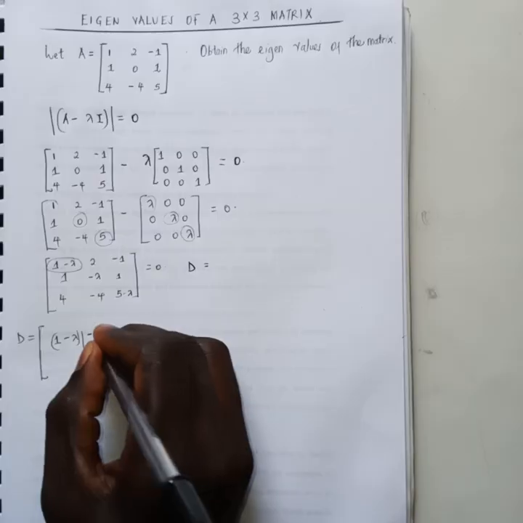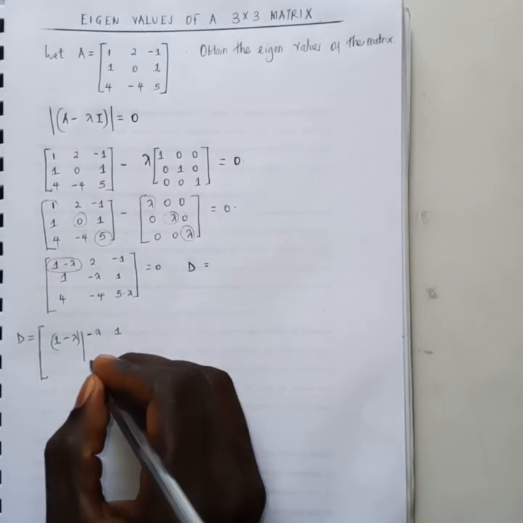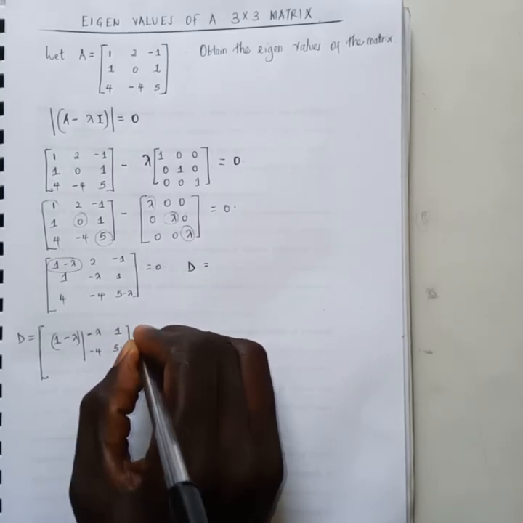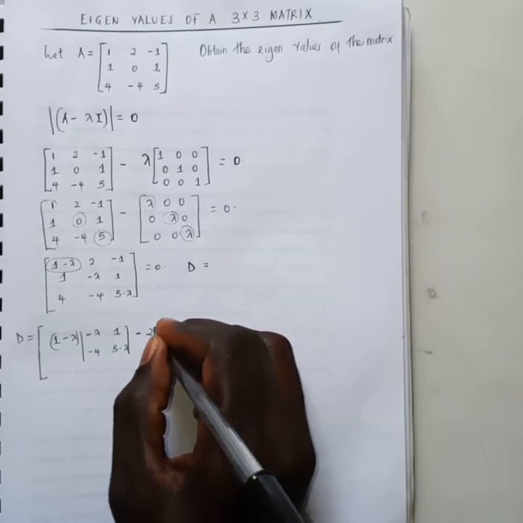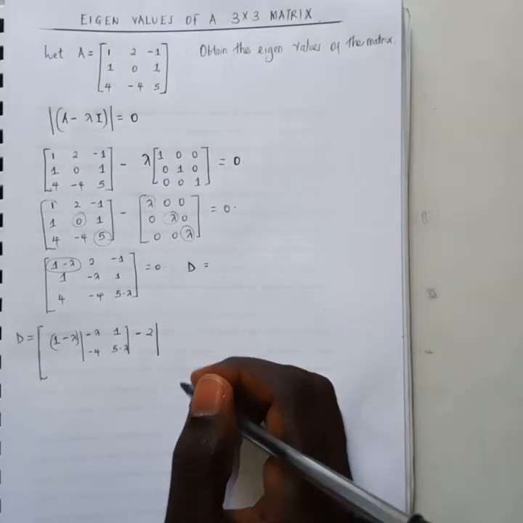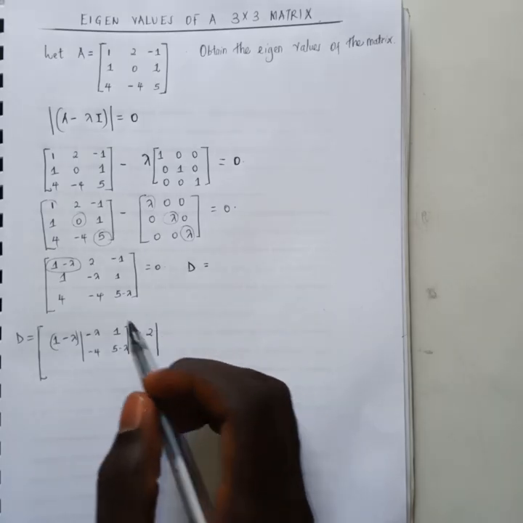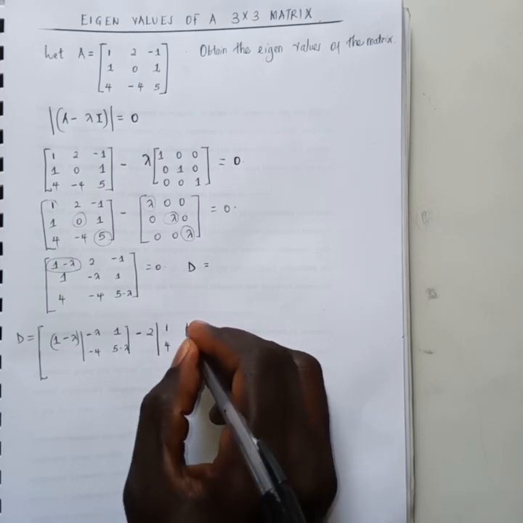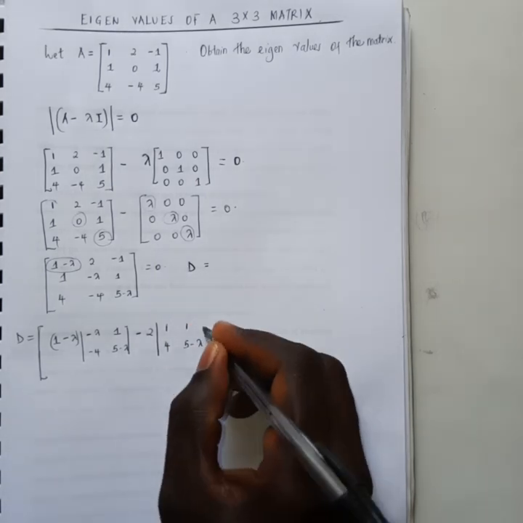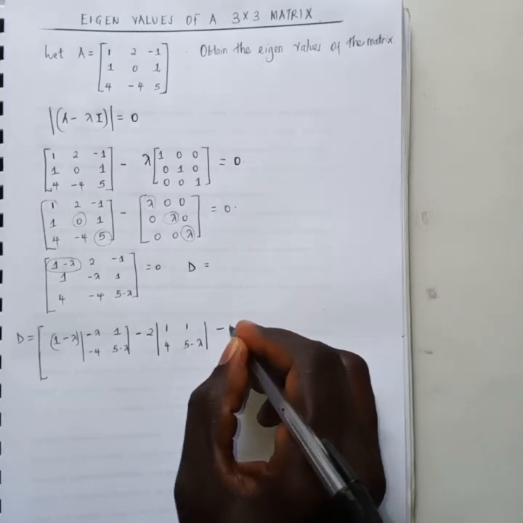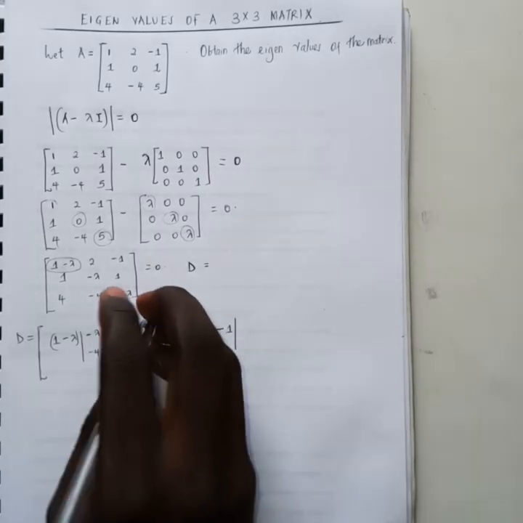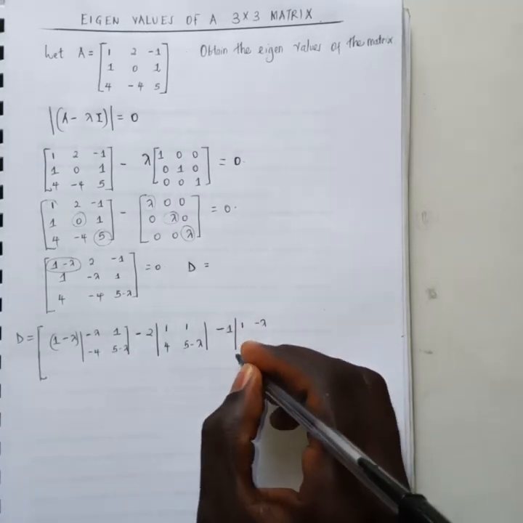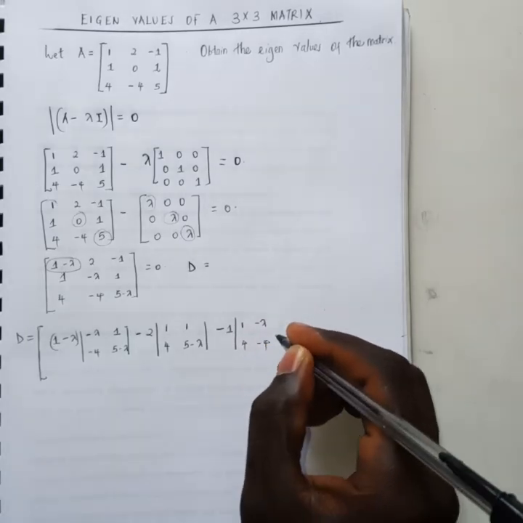So we'll be having negative lambda, -4, 5 minus lambda, then minus 2, and this one we are going to pick the minor matrix, so it is 1, 4, 1, 5, then again we are going to subtract 1, and this one we are going to pick the minor matrix, there will be 1, negative lambda, 4, -4.